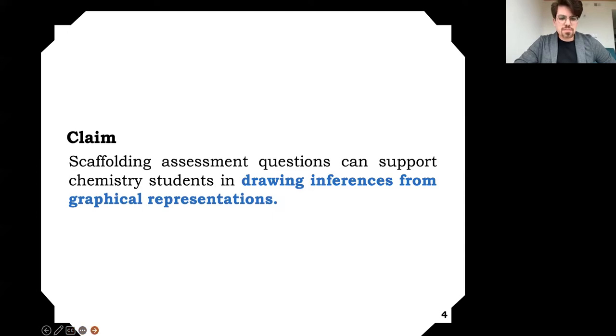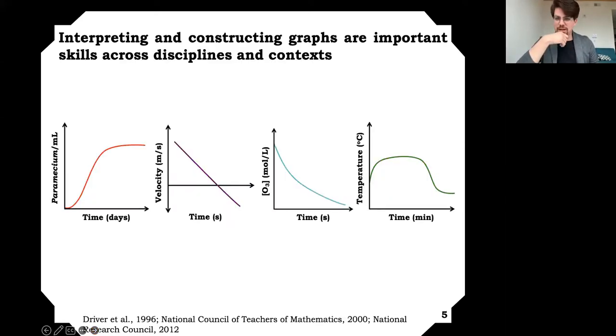And I'm not going to spend too much time on this other than to say that we want students to be able to draw inferences from graphical representations. And I think if you're here, you know that's the case. We use graphs across science, technology, engineering, and mathematics. Very useful representations to summarize quantitative information.